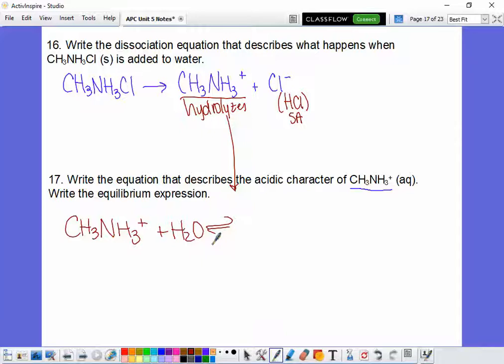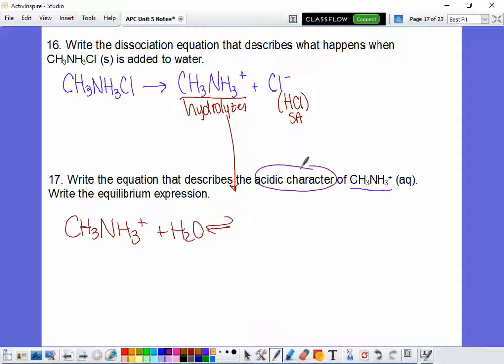How do we know it's my acid? Because it's a cation. One way we know that this substance right here is an acid is because it literally asked me for the acidic character of that.